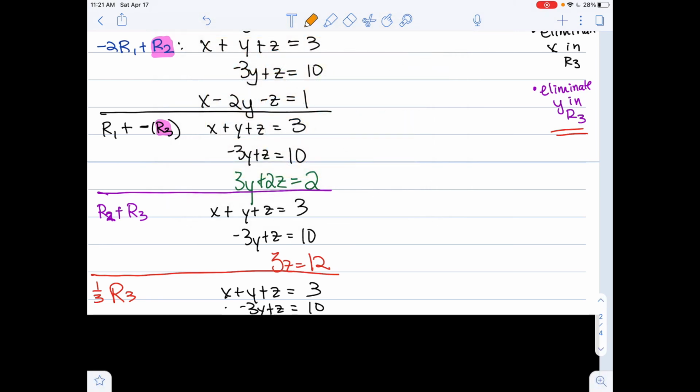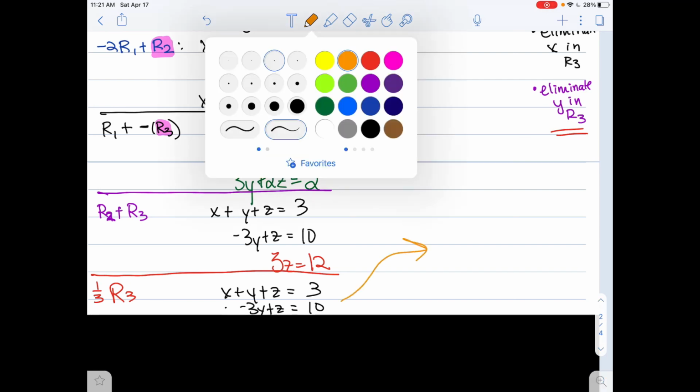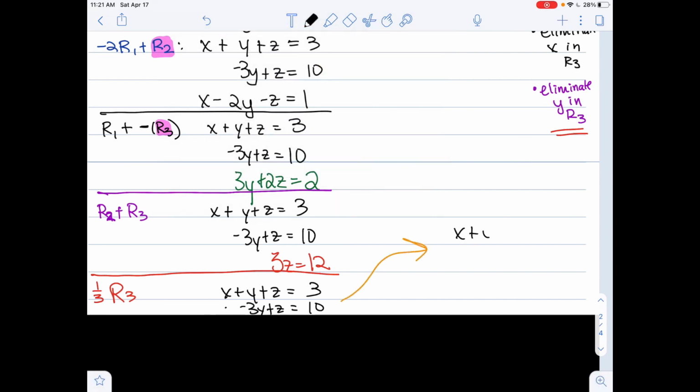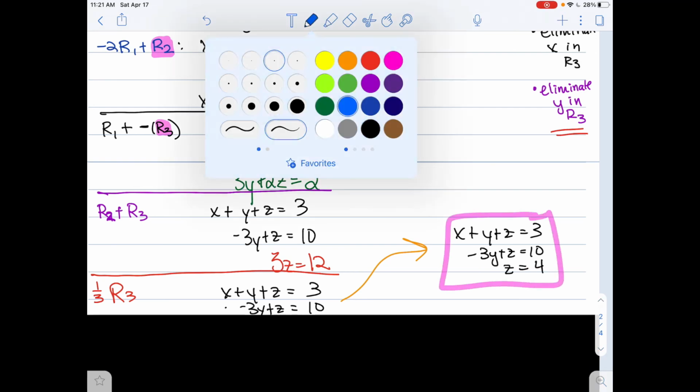And then row 3 is going to be 1/3 of 3z, which is just z, so it's not going to let me write on top of it. So I'm going to have to bring this up over here. Row 1, row 2, and then here's row 3, which is 1/3 of whatever row 3 is. 1/3 of 3z is z, 1/3 of 12 is 4. So now this is in row echelon form, and now we can solve it.